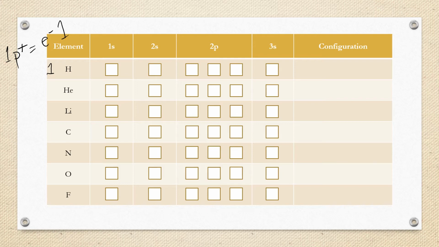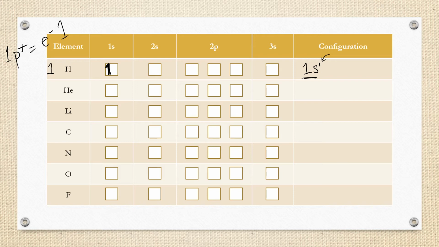So to do the configuration, I would just enter one little arrow pointing up in the 1s orbital. Now, if I want to do that without using boxes, we can also write this as 1s1. I have the 1s orbital and I'm filling it with 1 electron, one lonely little electron.